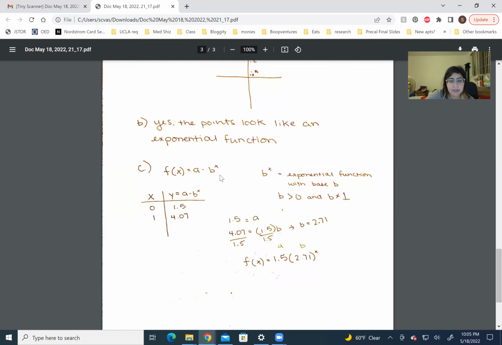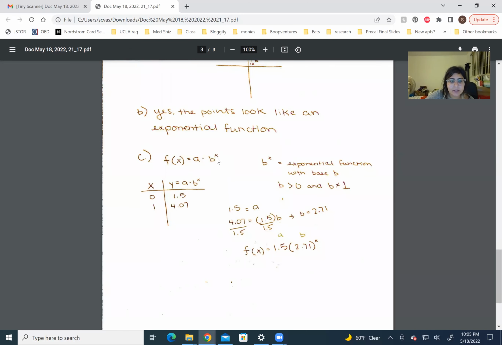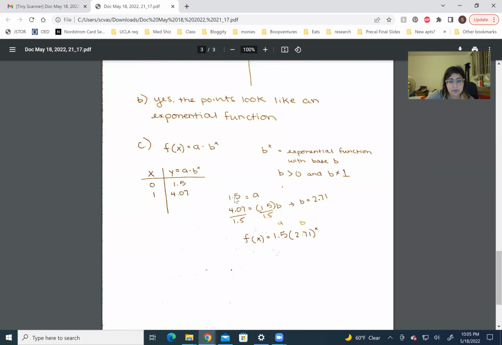We know that B is going to be the base of the exponential function. So given 0, it's really helpful because knowing that x is 0, we know that y or A is 1.5.